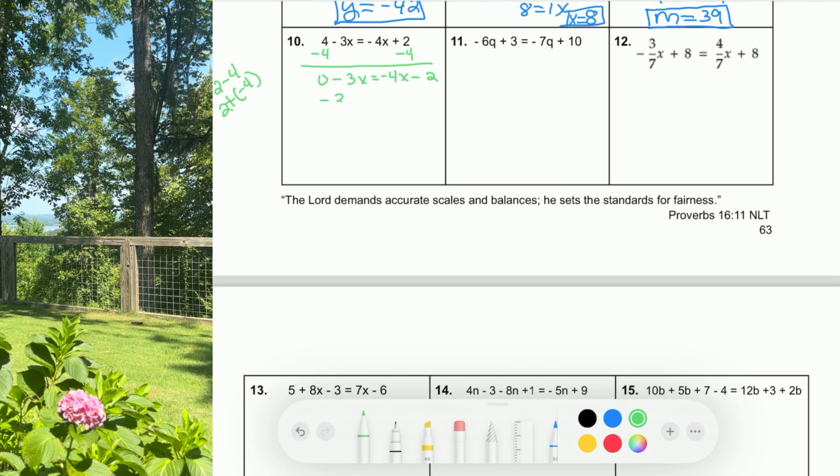All right, so negative 3x equals negative 4x minus 2. Now I need to get my x's together. So I'm going to add 4x, add 4x. That gives me 1x equals 0 minus 2. So x equals negative 2.